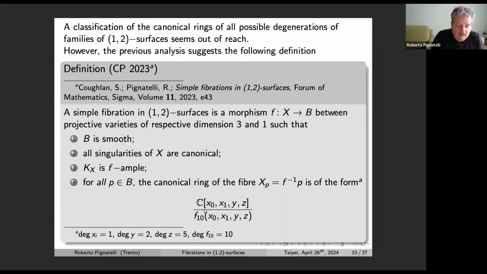So to do a theory of fibrations in 1-2 surfaces, copying what I did before, I should know all possible special fibers.